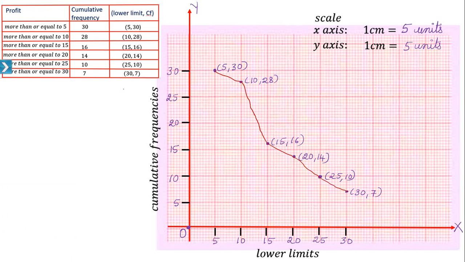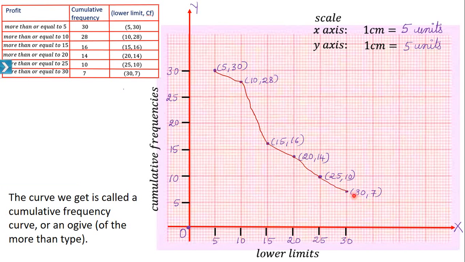This graph is called ogive, and the curve is called cumulative frequency curve or an ogive of the more than type. This is called more than type ogive or cumulative frequency curve of more than type. You have to draw smooth hand curve, do not use scale.